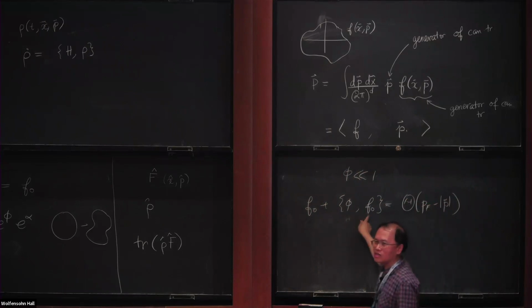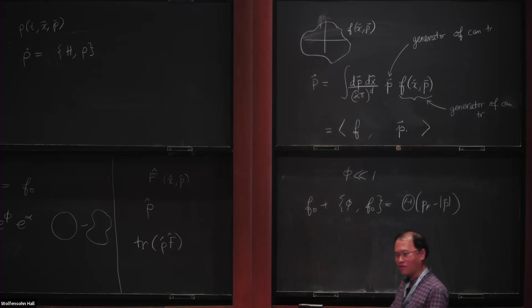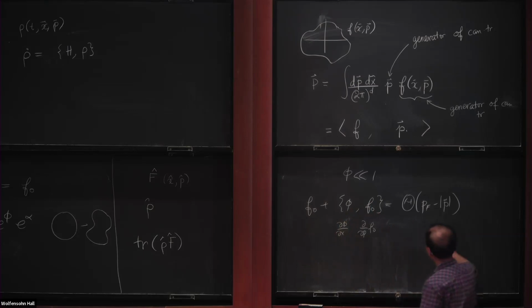This one is the Poisson bracket of phi with the theta function. You have to differentiate the theta function over p and then the phi over dx. So differentiating the theta function, you get a delta function of p_F minus p, up to a sign that I'm not following, times the direction of p, the gradient of phi.